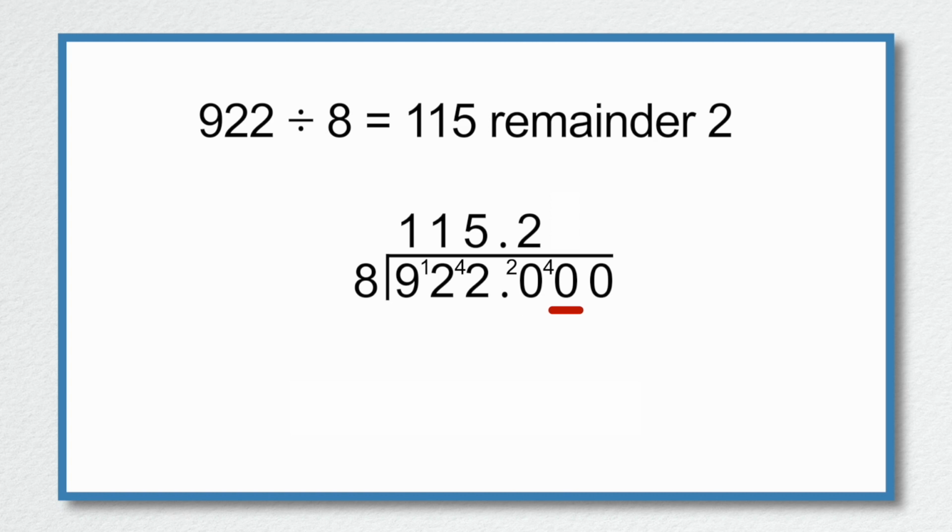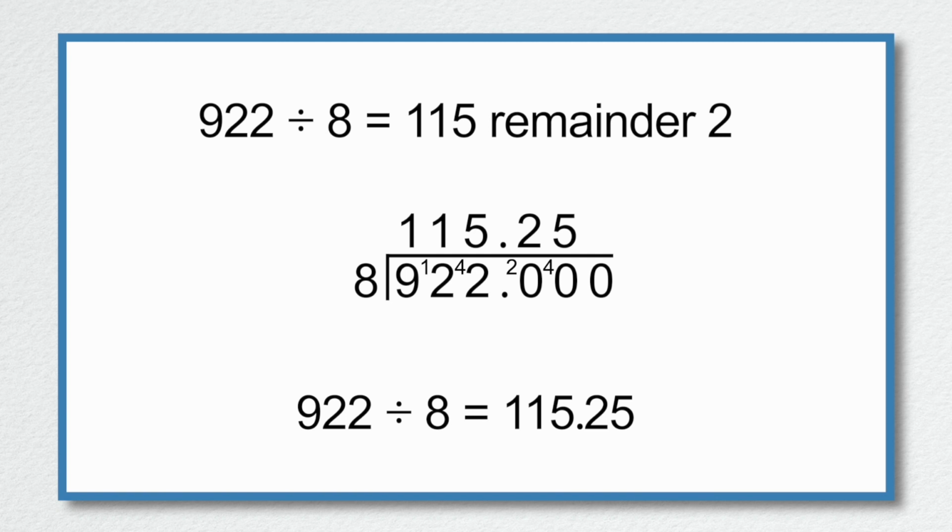We now have 40 divided by 8, and of course 8 goes into 40 5 times. 922 divided by 8 is 115.25, and so our remainder of 2 was actually 0.25.